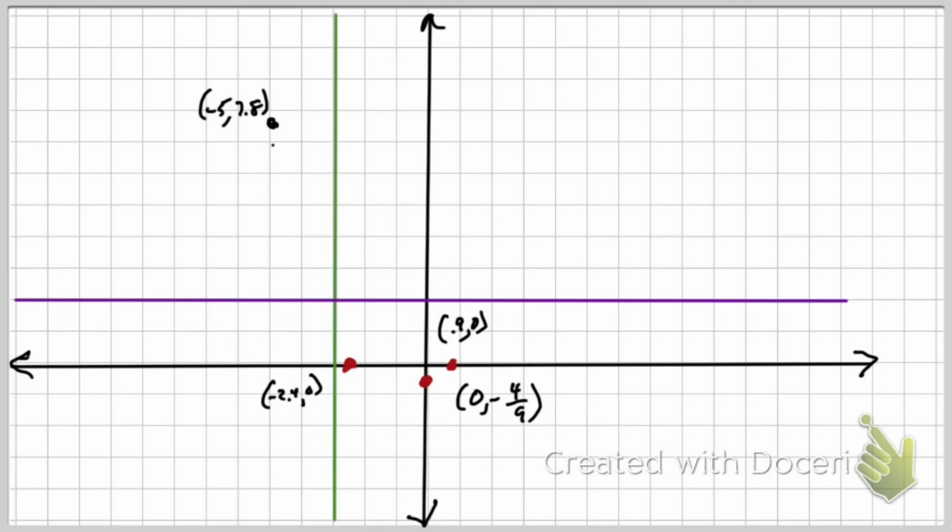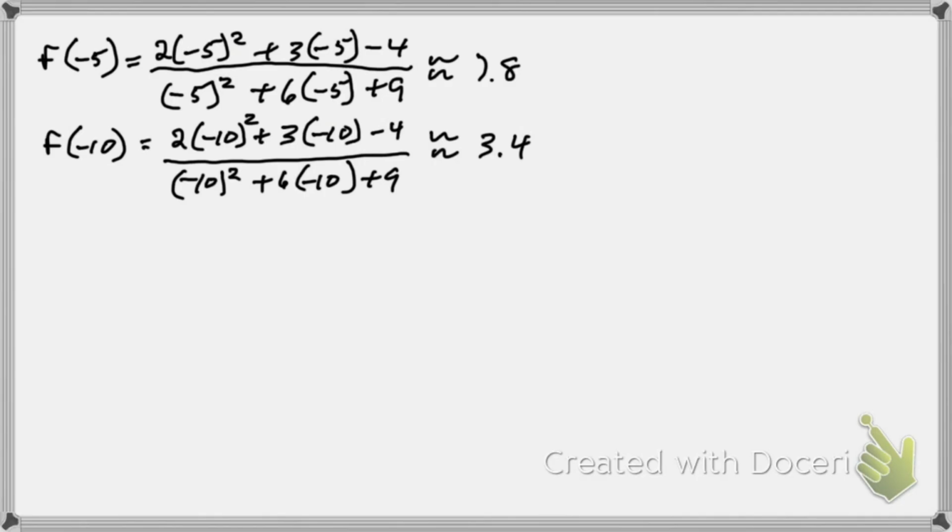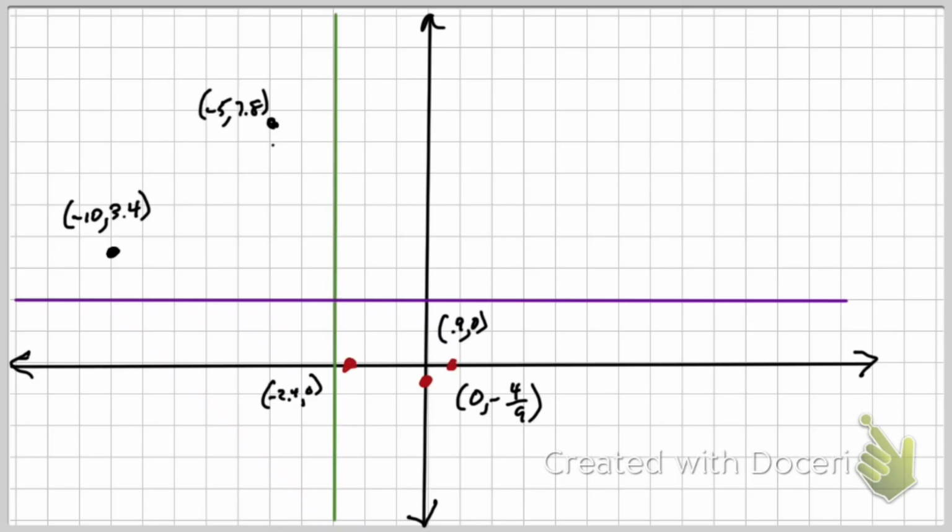And now I want to go even further left and maybe pick -10, just to make sure I'm seeing what's going on out there to the left of that vertical asymptote. So at x equals -10, the y value is 3.4. Let's plot that one. Okay, now then I've got a good picture of what's going on out there to the left of the vertical asymptote. So I'll go ahead and sketch that in.